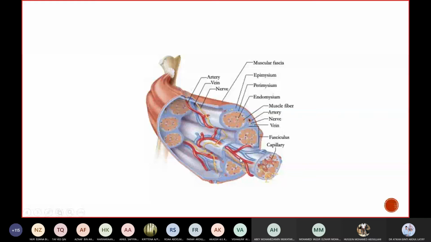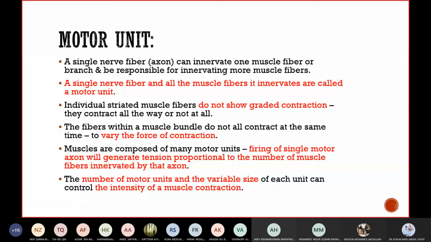So, motor unit. What is a motor unit? I mentioned it in the previous lecture as well. It is a single nerve fiber and all the muscle fibers it innervates, called one motor unit. Individual striated muscle fibers do not show graded contraction. They contract all the way or not at all.